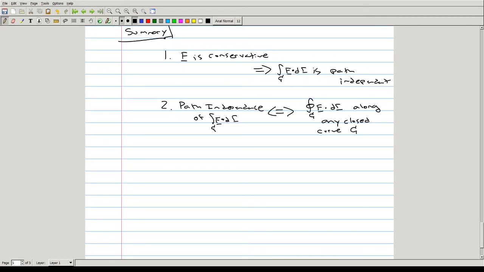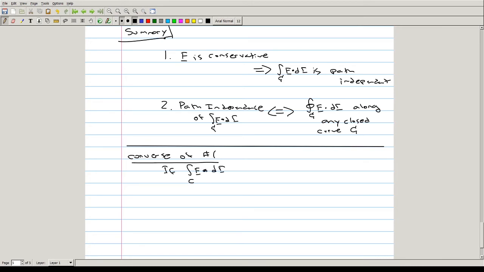But even this is enough to write down, say, the logical converse of 1. The converse of statement 1 would be that if the line integral of f dot dr is not path independent, then f is not conservative.